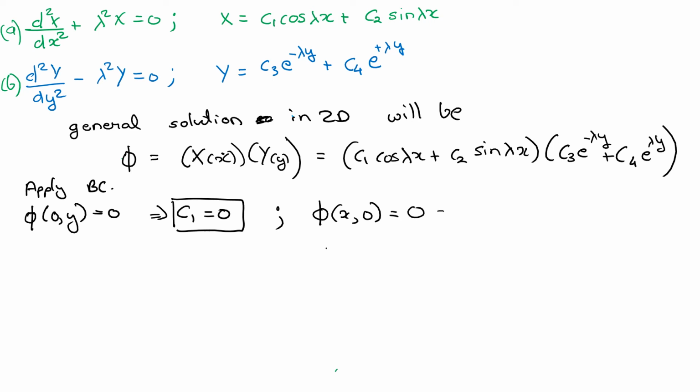So that gives us C2 into sine of lambda x into (C3 plus C4) equals 0. This quantity here will not be 0, so we assume that this is equal to 0, which gives us C3 equals minus C4.